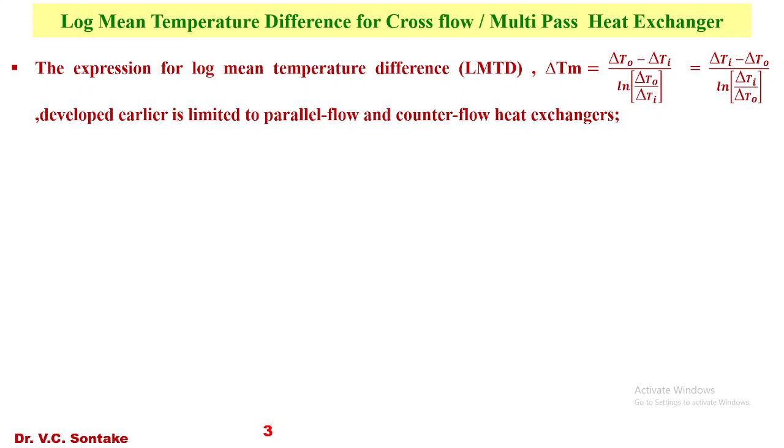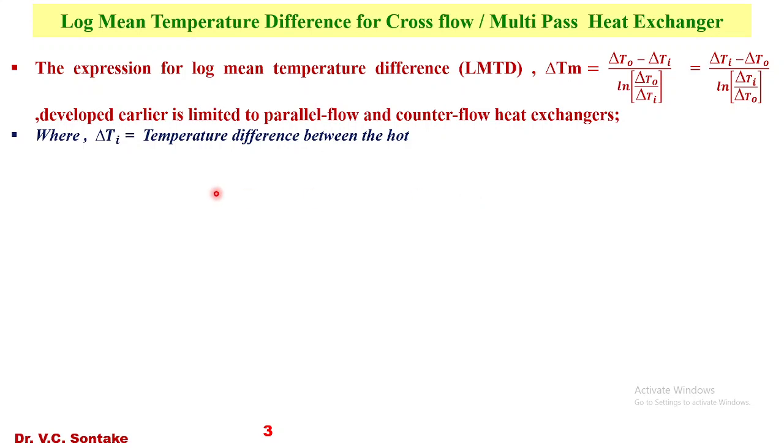This expression was developed earlier and is related with parallel flow and counter flow heat exchangers both. Basically, it is a general expression applicable for parallel flow and counter flow heat exchangers.